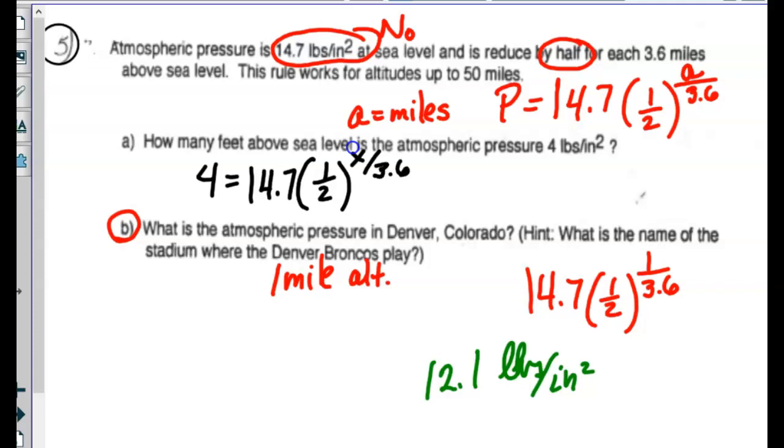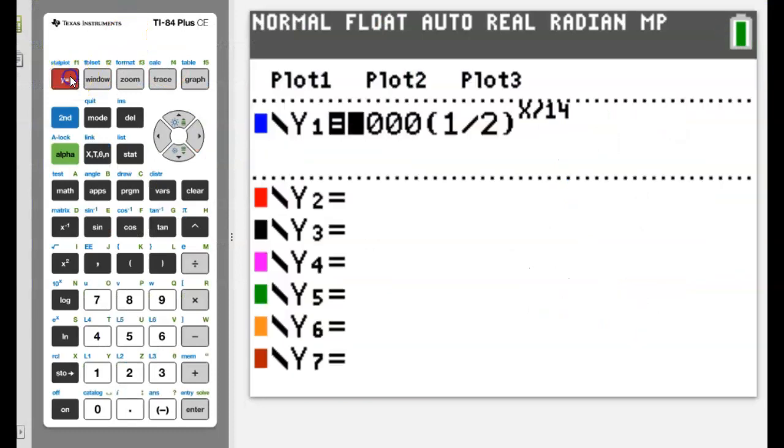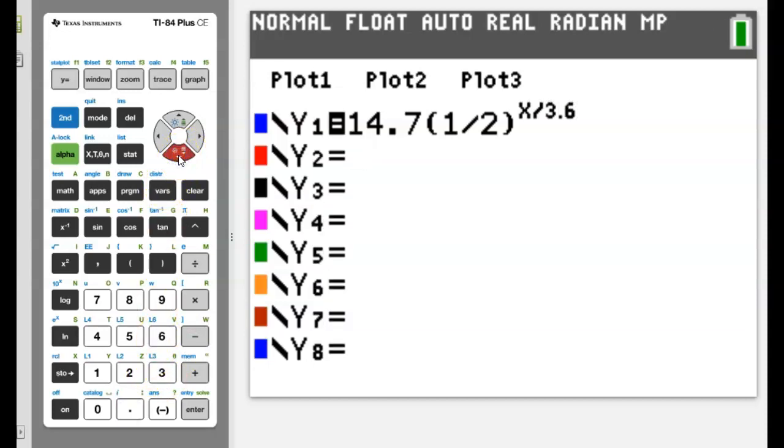So we're going to graph it. And we want it to fall below, what did it say? 4? Is that what it was given?